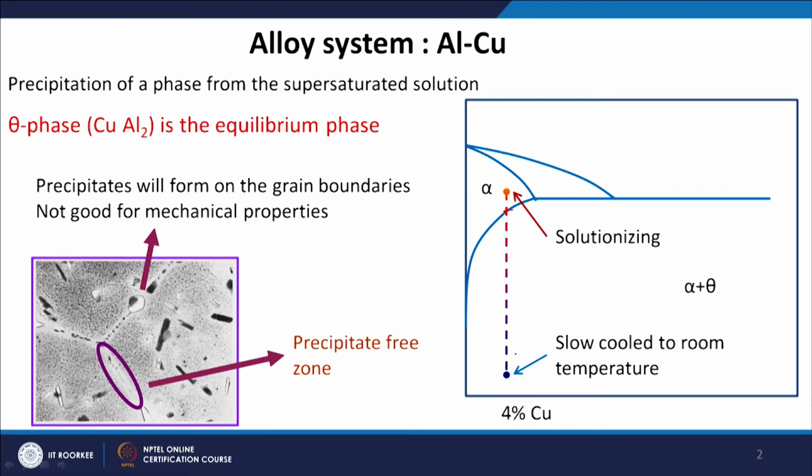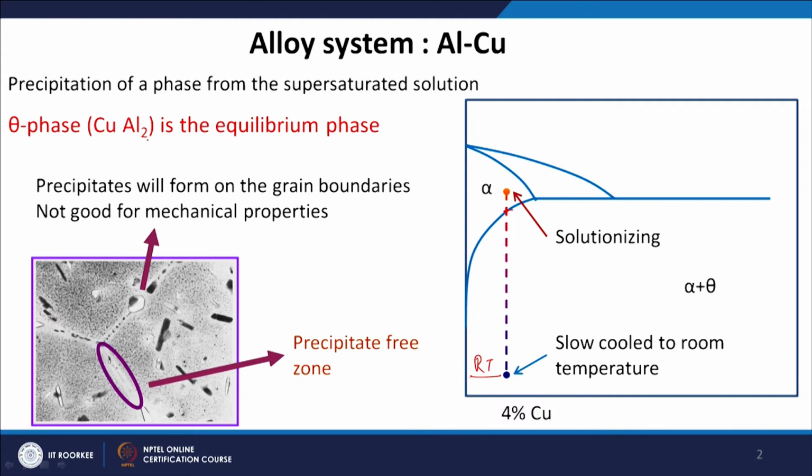If I quench it from that temperature, or suppose I do a slow cooling from that temperature and come to a temperature, let us say this is my room temperature, then I will get a precipitate, which is the CuAl2 precipitate, the equilibrium phase in this case. We call that precipitate the theta phase.